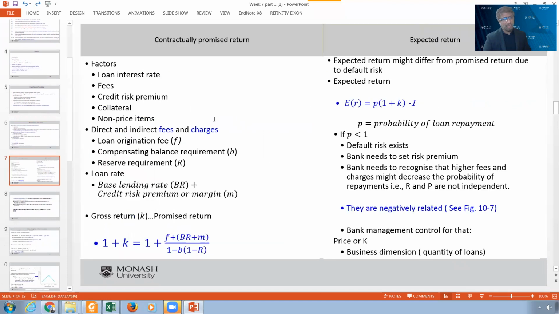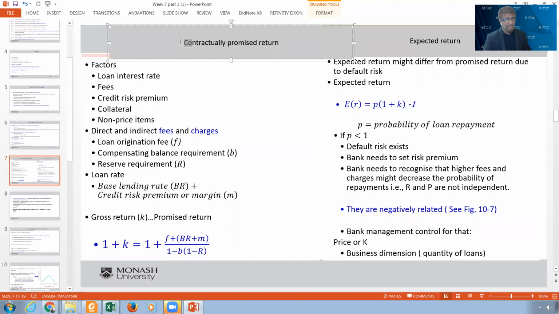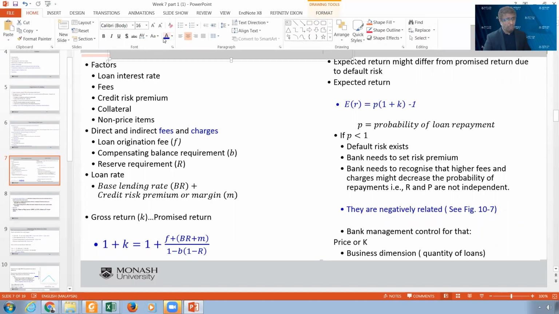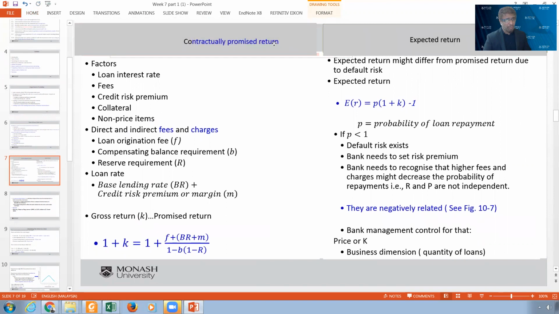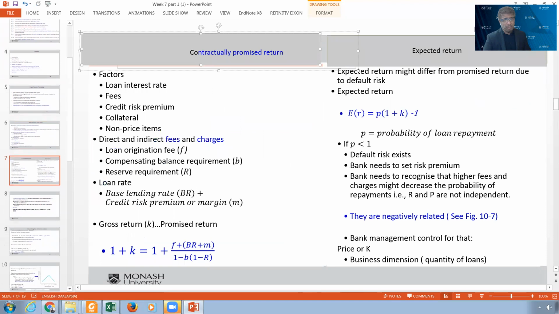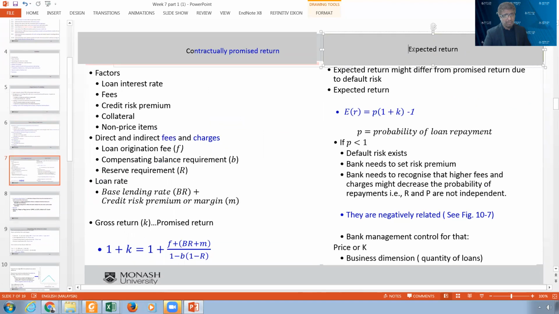This is where we start with the most important issue, which is pricing. How can we price? We have two things. One is called the contractual promised loan return, and the other is called the expected return.